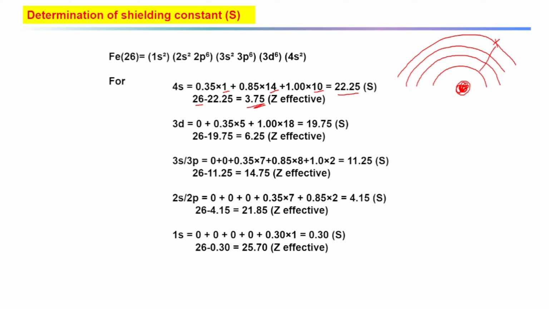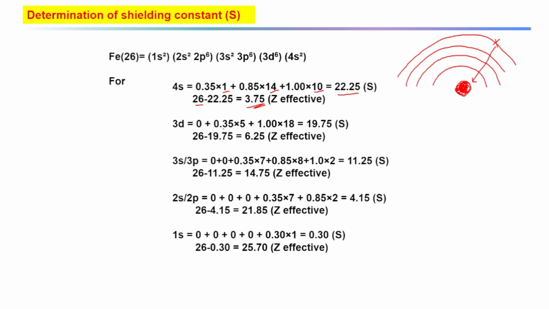Each 4s electron will think that there are only 3.75 protons, though actually we have 26 protons attracting these electrons. But the inner electrons have a shielding effect, so they are shielding the attraction of these protons. That's why the 4s electron will get the force as if only 3.75 protons are there in the nucleus of iron. So that much attraction these 4s electrons will feel.